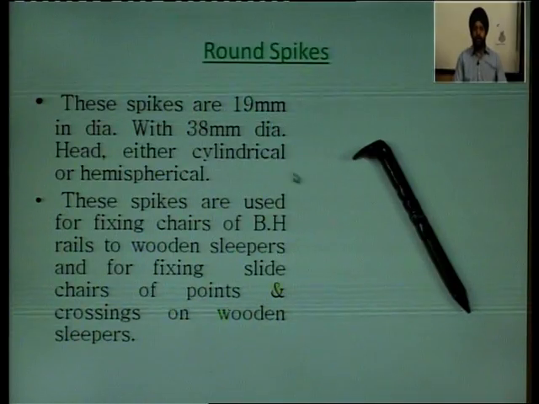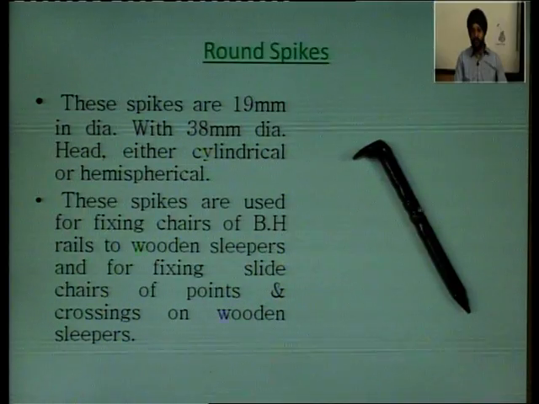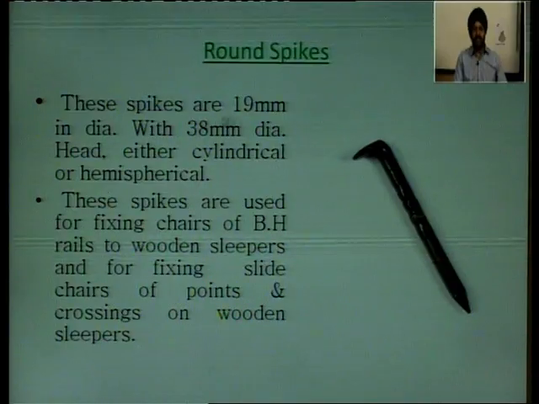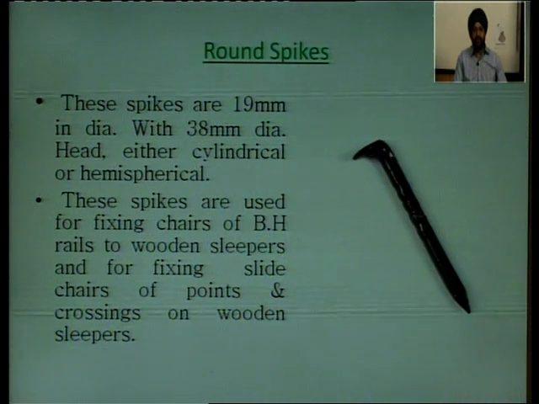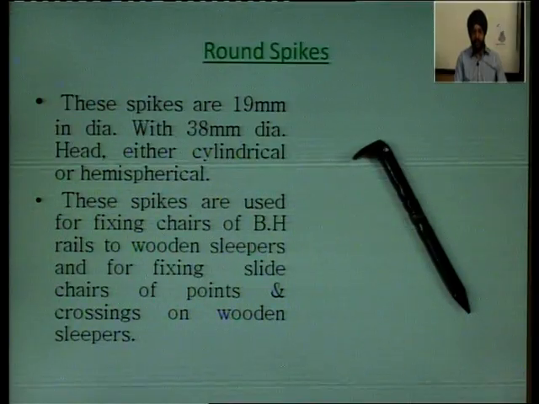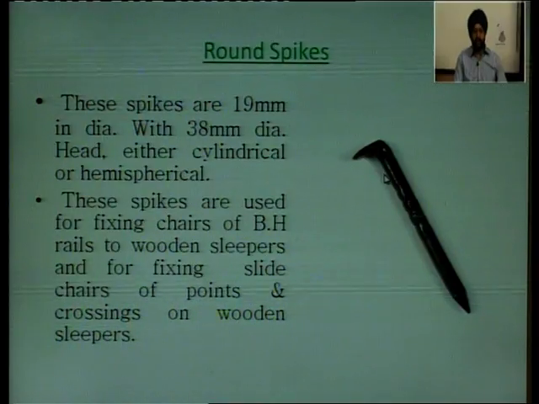Coming to the third one, this is an example of a round spike. As you can see, the section is round. It is not a square section. These spikes are 19 mm in diameter with a 38 mm diameter head, either cylindrical or hemispherical. The head can be of different shapes.